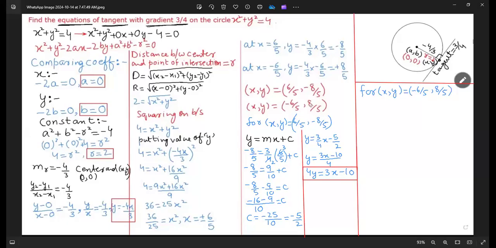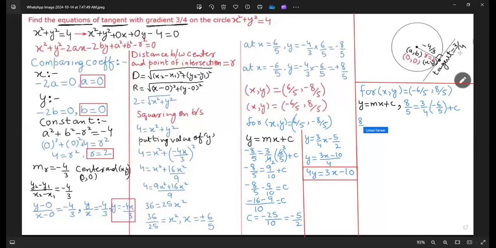Plotting again in the equation, y equals to mx plus c. So in place of y, I will be writing the value of y over here, which is 8 over 5. Value of m is given to me as 3 over 4. This is the value of m. Okay. And x is given minus 6 over 5 plus c.